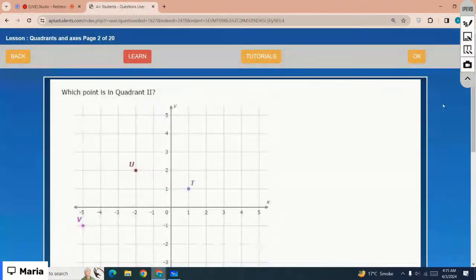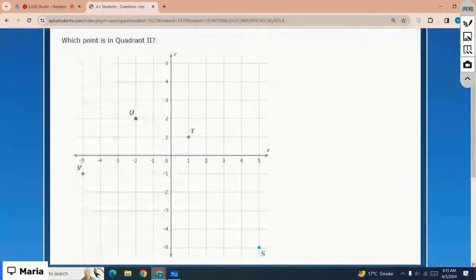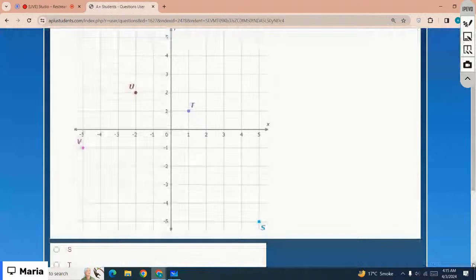Which point is in quadrant 2? The correct option is U. U is in this, that is the second quadrant.